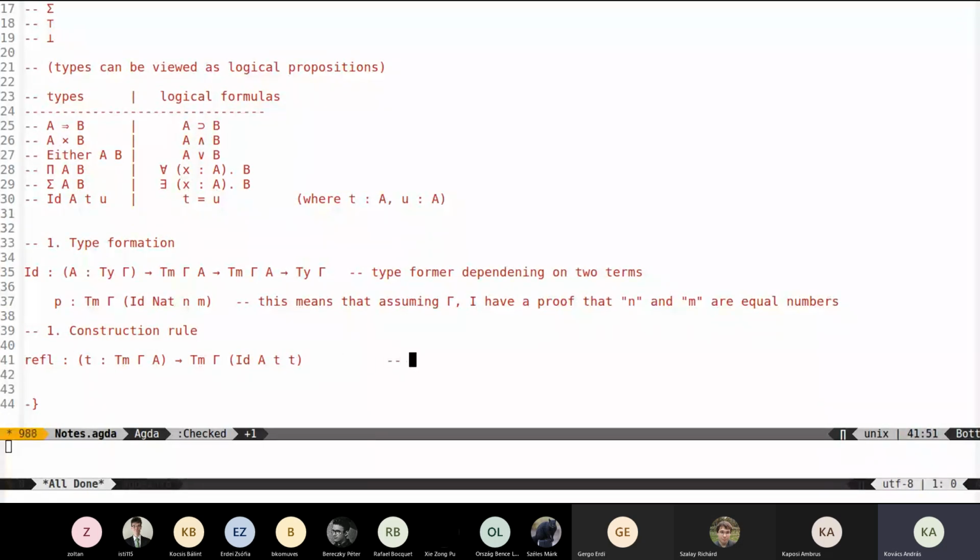So this means that everything is equal to itself. And this is called refl because it says that this is the reflexivity rule of equality.